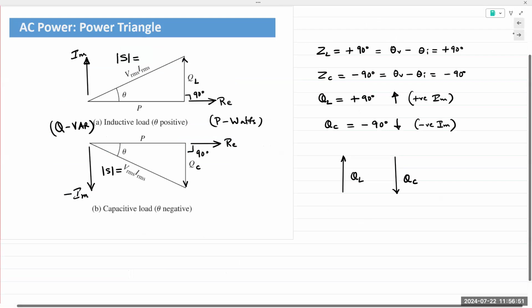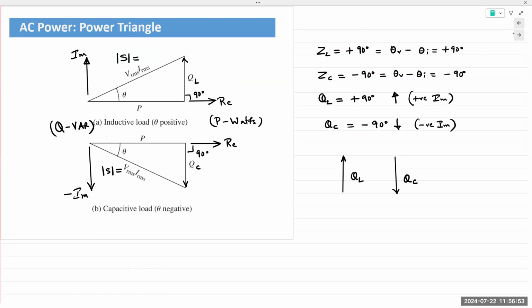Remember, the goal is that the utility company, the source, should not be supplying the reactive power for the inductor beyond steady state. Right? When the switch first flips on, the source sends all the reactive power that is required, but after it reaches steady state, the capacitor should be supplying that reactive power.